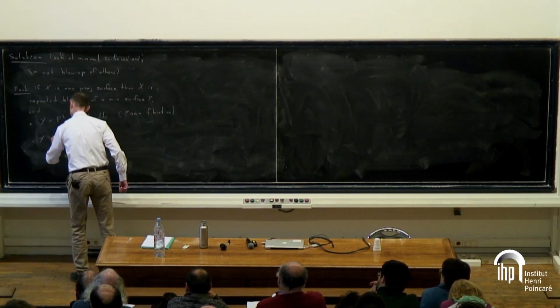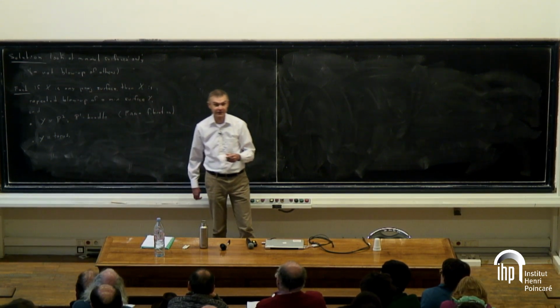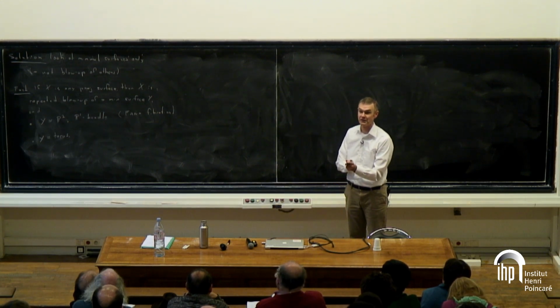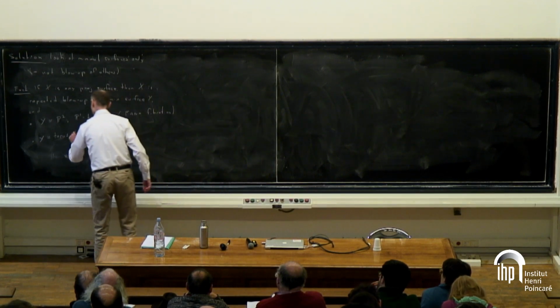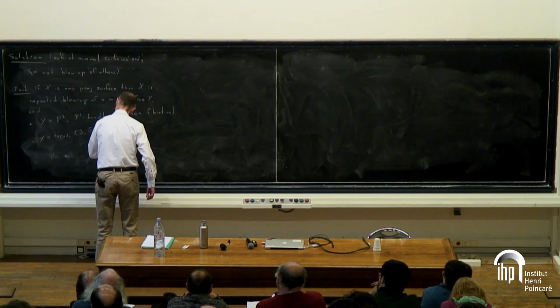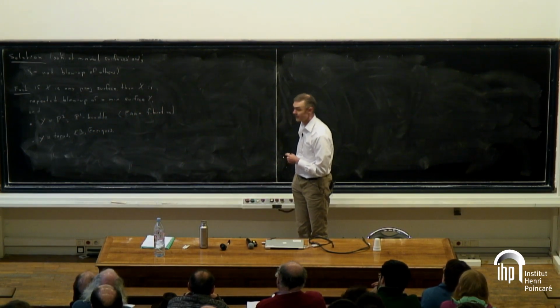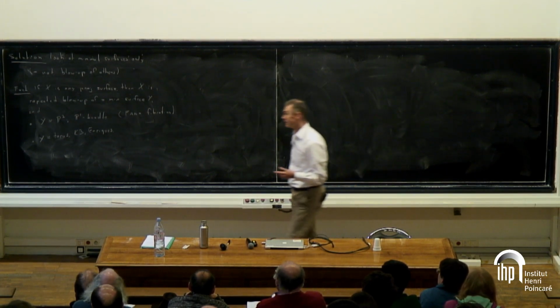Or Y is a torus, an abelian variety, or there are two other classes of classically known surfaces. These are K3 and Enriques surfaces. These have classically been studied, or it's an elliptic fibration.